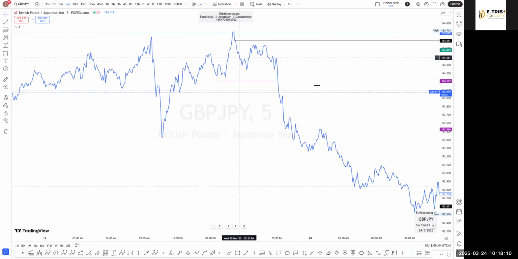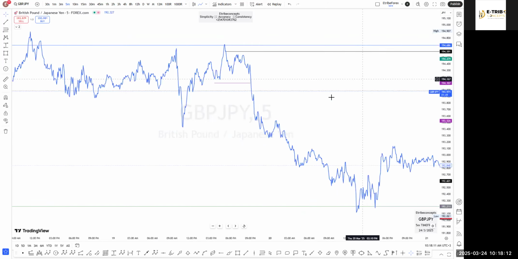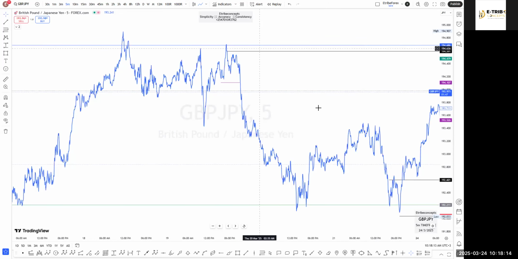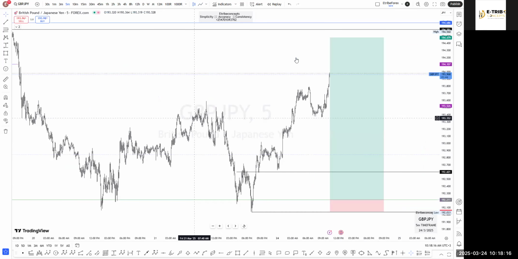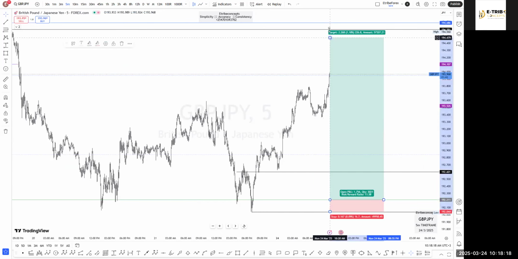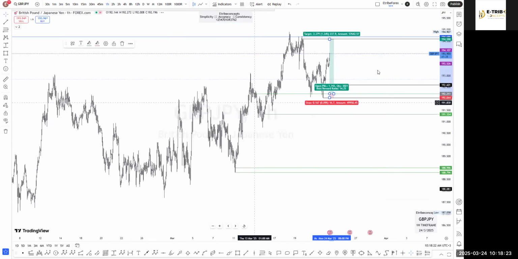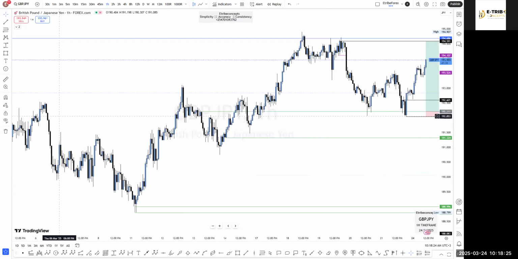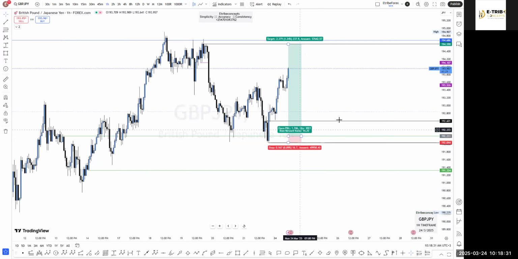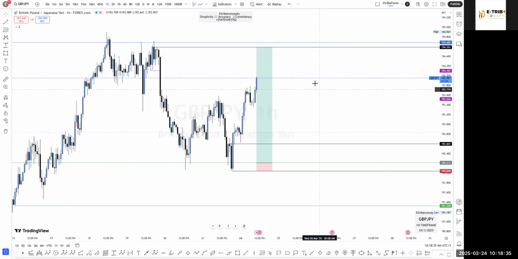Yes, so we'll have some buys from that particular point. So we could have buy. So yes, sorry, I mean sells from that particular point.